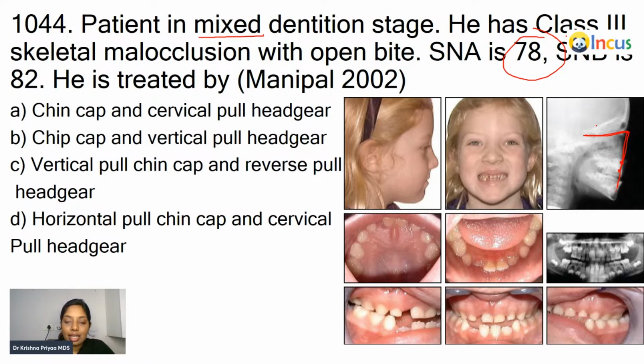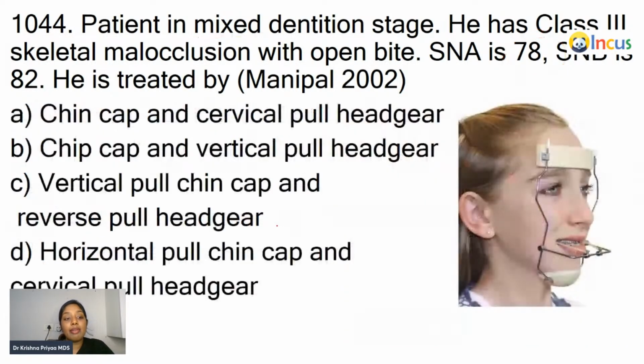So all these tell us that the patient is under the pubertal growth spurt and is a skeletal class 3, and they have also given values, and the patient has open bite. So what will you do now? Obviously there will be a reverse pull headgear, but they also have a vertical pull chin cap along with the reverse pull headgear. Why have they given the vertical pull chin cap?